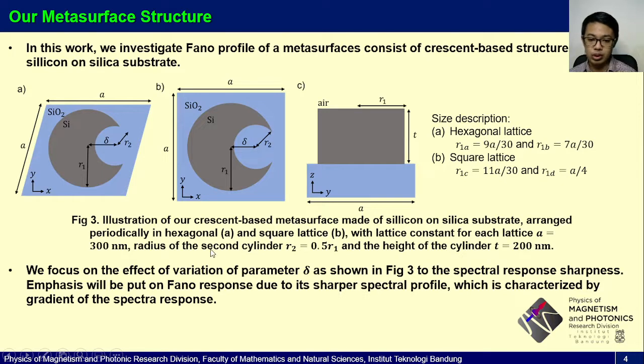We focus on the effect of variation of parameter delta, as shown in this figure, to the spectral response sharpness. Emphasis will be put on Fano resonance due to its sharper profile, which is characterized by gradient of the spectral response.